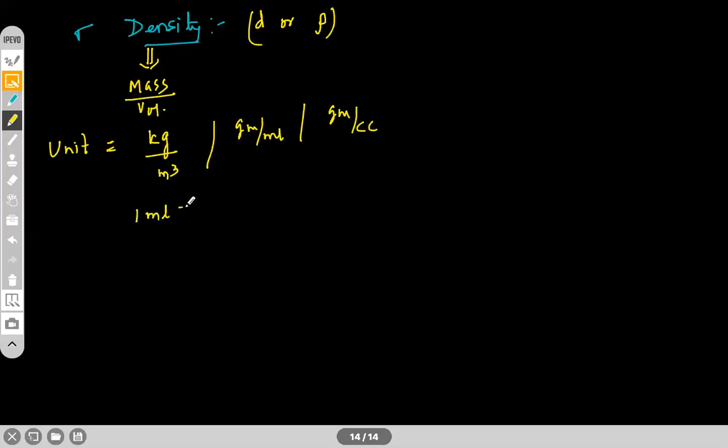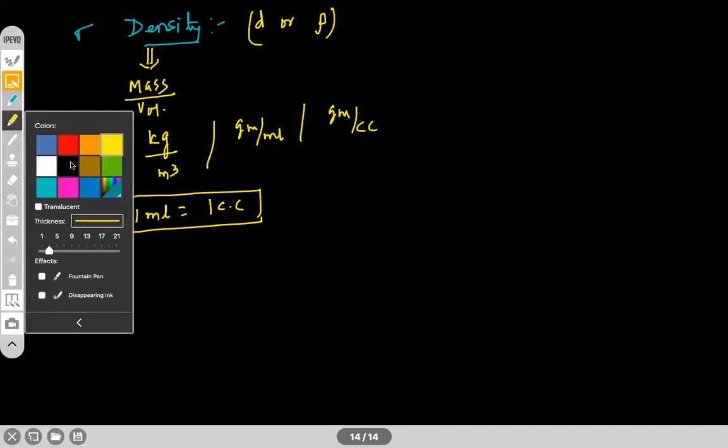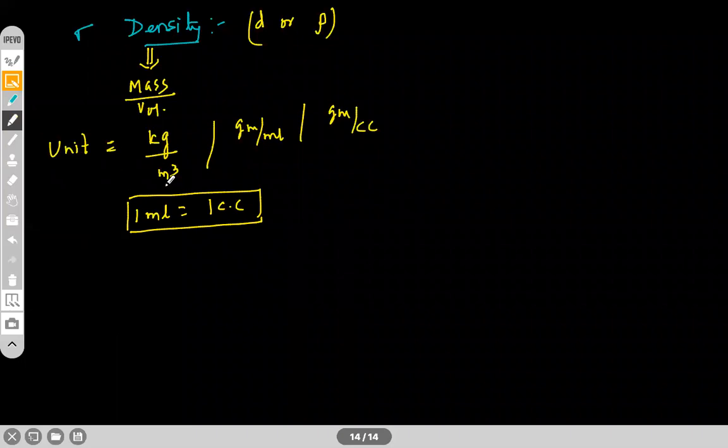1 ml is 1 cubic centimeter. Now, if you convert 1 kg per meter cube into gram per ml, one more relation you can write here. 1 meter cube is equal to 1000 liter.